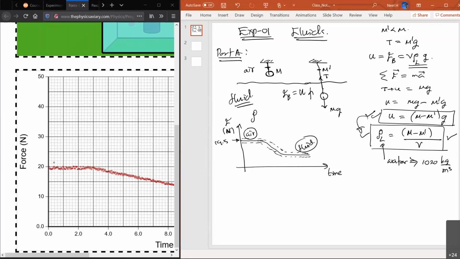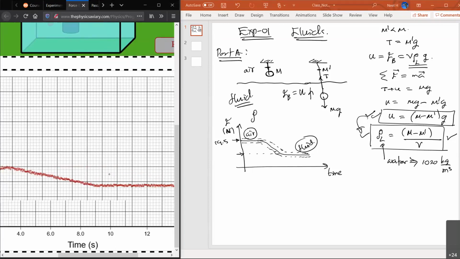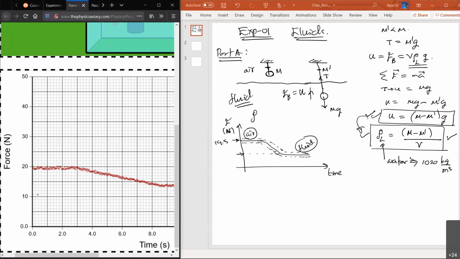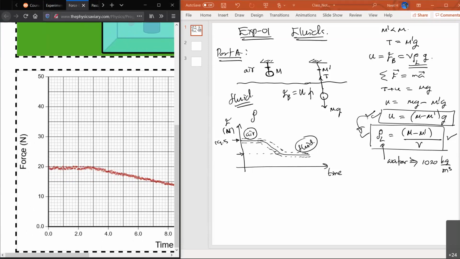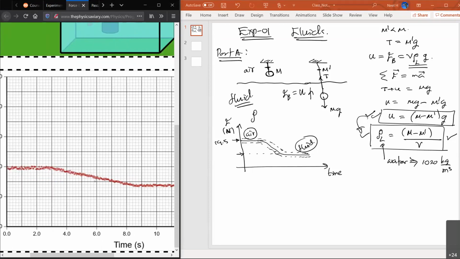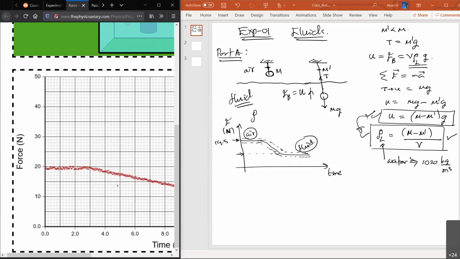And then if you go in here, you can extract the m prime g. Each small dot represents 1 Newton. You can see the unit Newton on the y-axis. This is 10, 11, 12, 13. So I can extract this as 13.5.